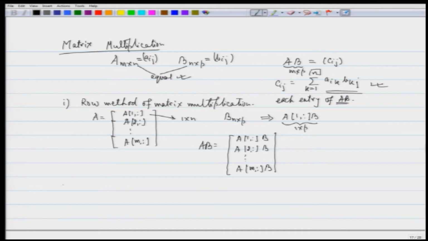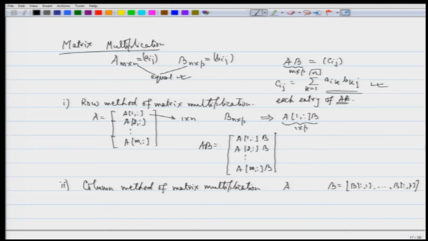The second method was the column method of matrix multiplication. There the idea was that we leave A as it is and write B as the first column of B, second column of B, till the pth column of B.